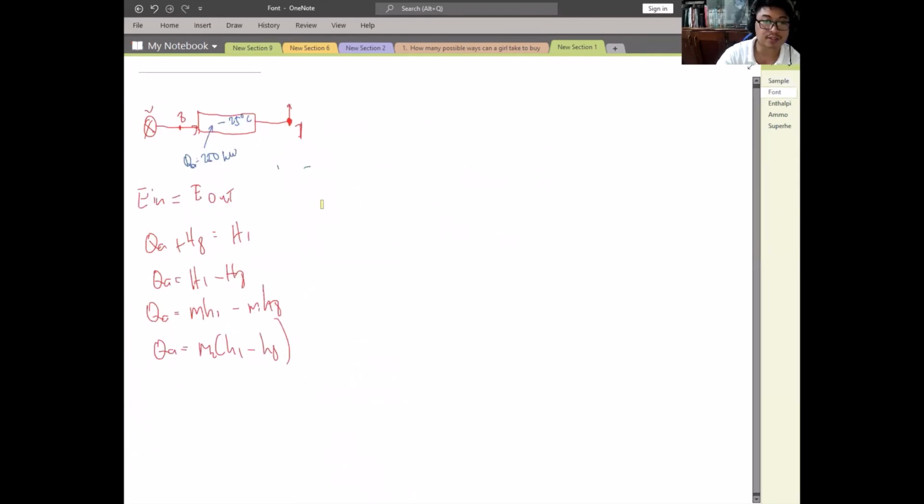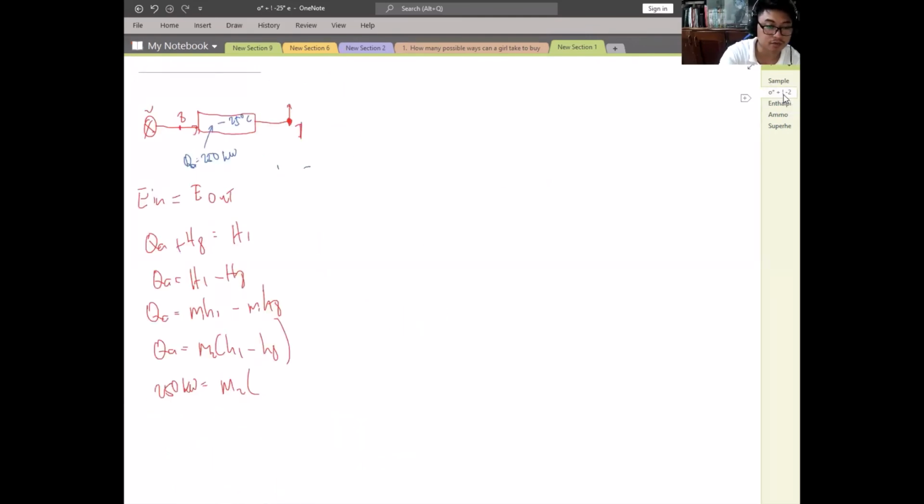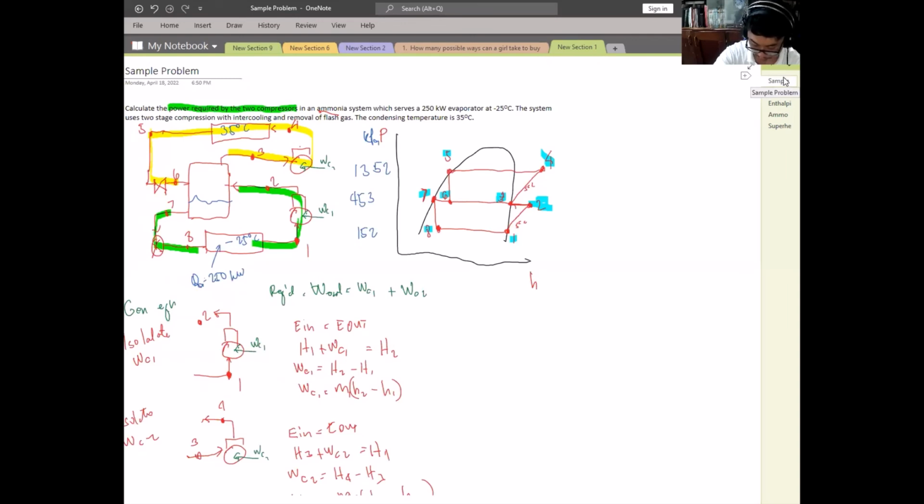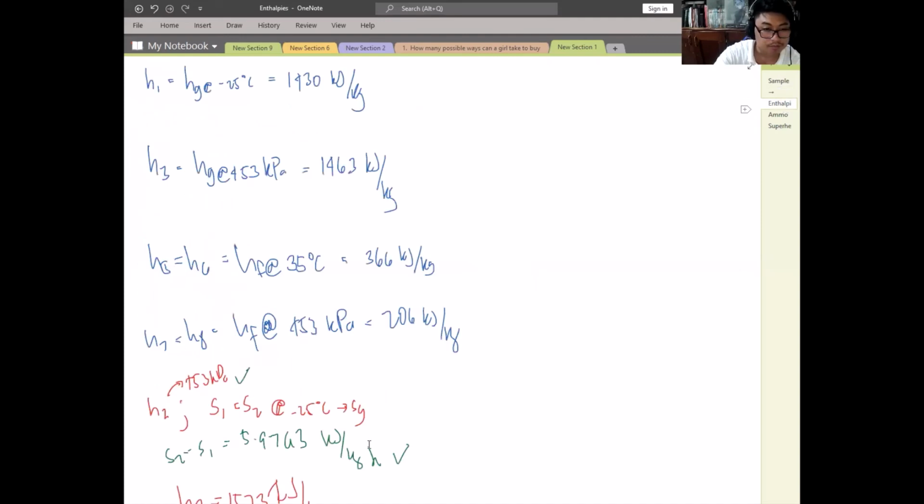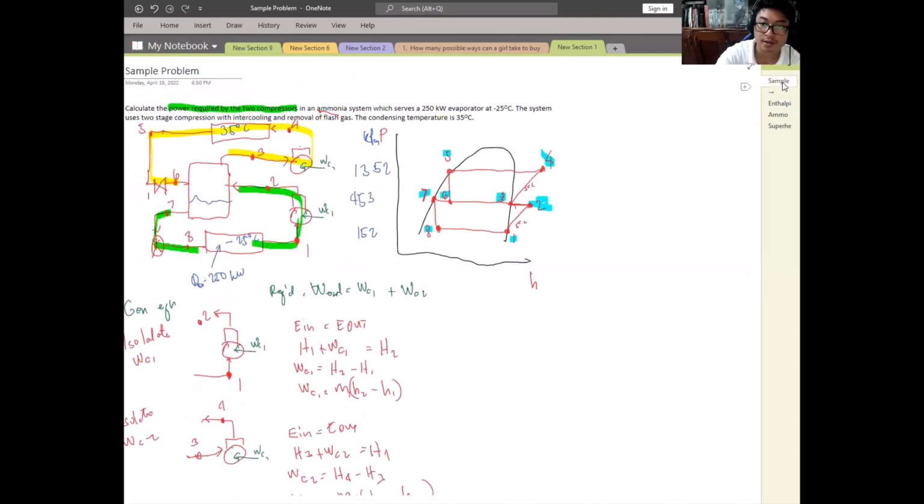So therefore, by substituting, our QA is 250 kilowatts. Okay, mass 2: H1 is 1430, minus H8. H8 is 206.